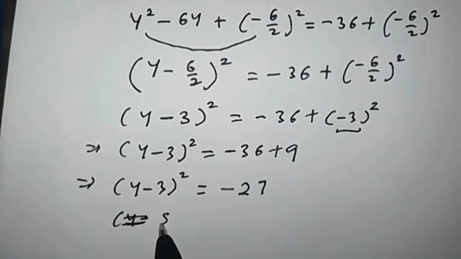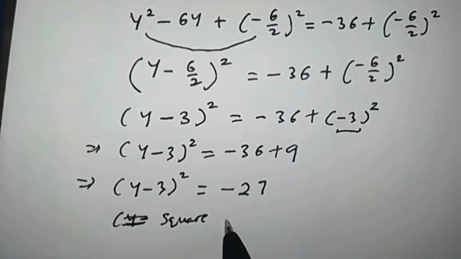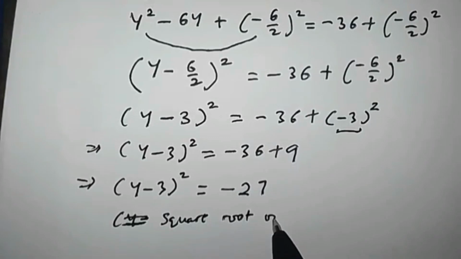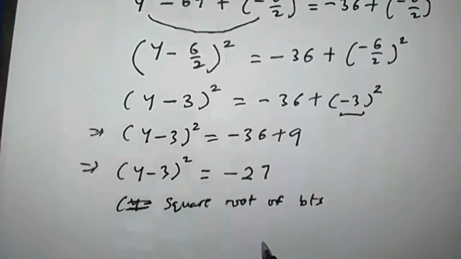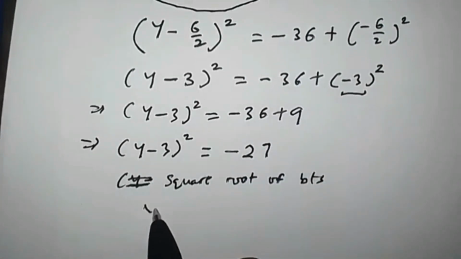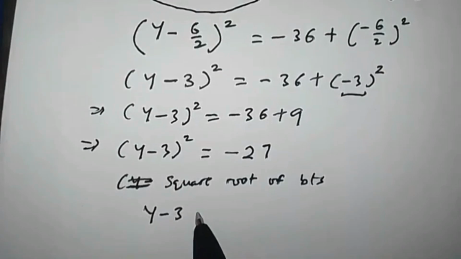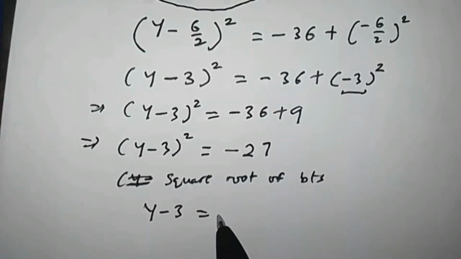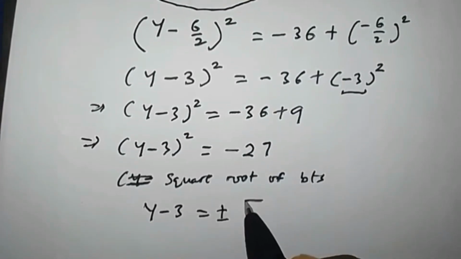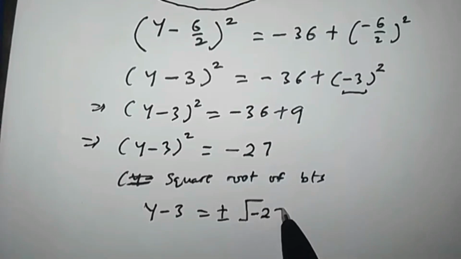If we take square roots of both sides, we simply have y minus 3 equals plus or minus square root of minus 27.